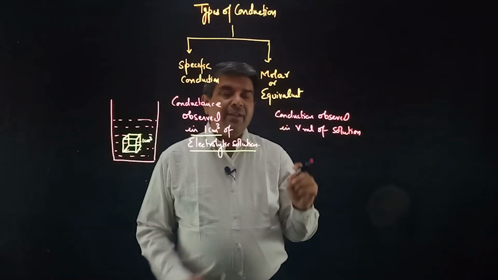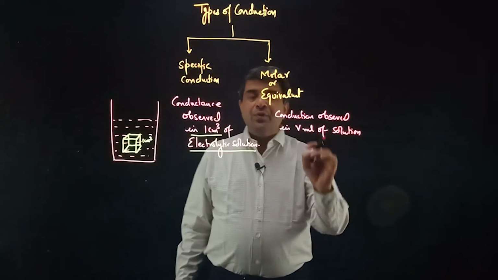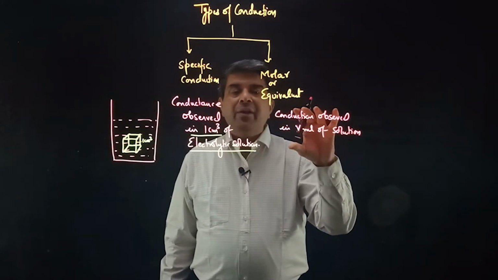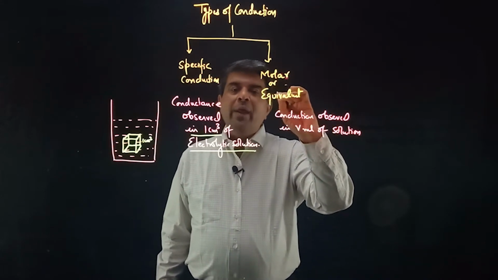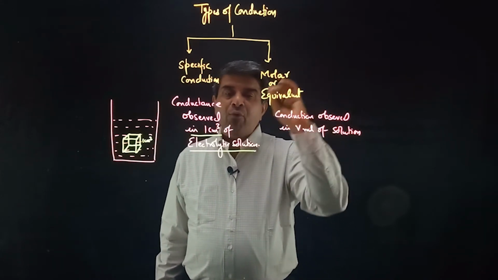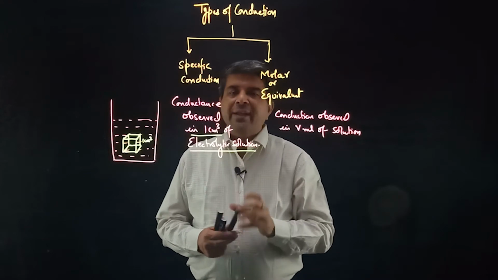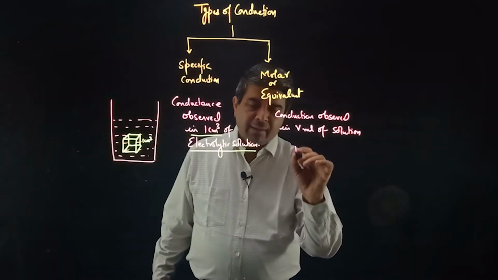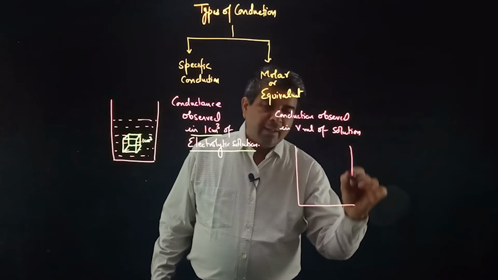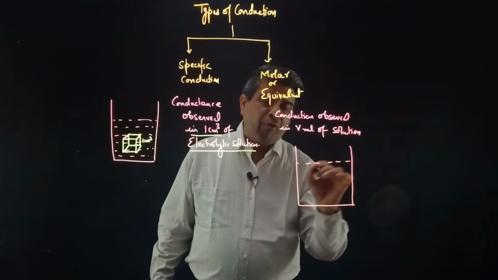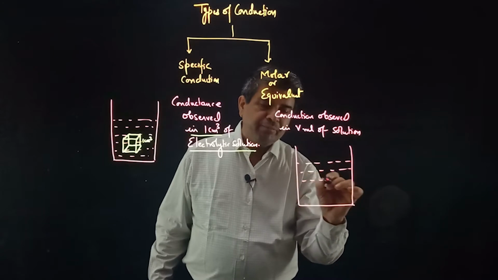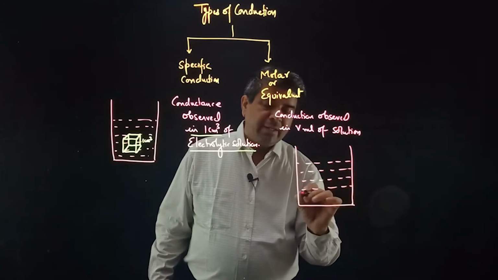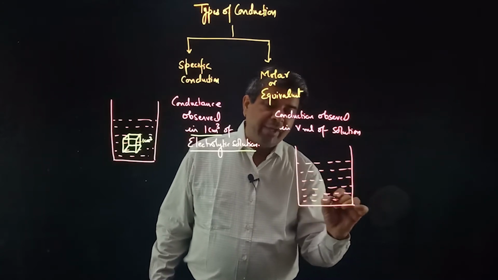So it is the total volume of the solution that would contribute to its molar conductance or equivalent conductance. Say, for example, there is a solution and the volume of the solution is, say, 200 ml or say 150 ml.